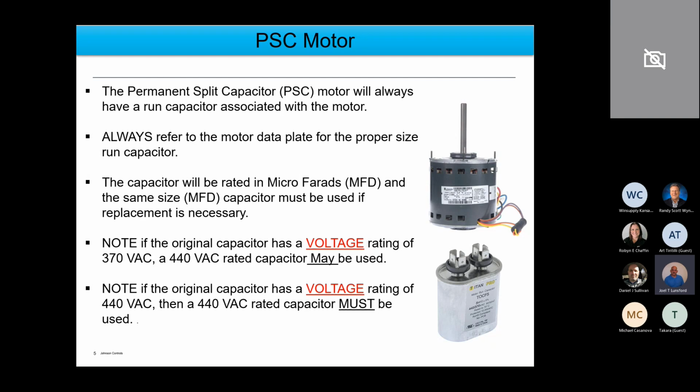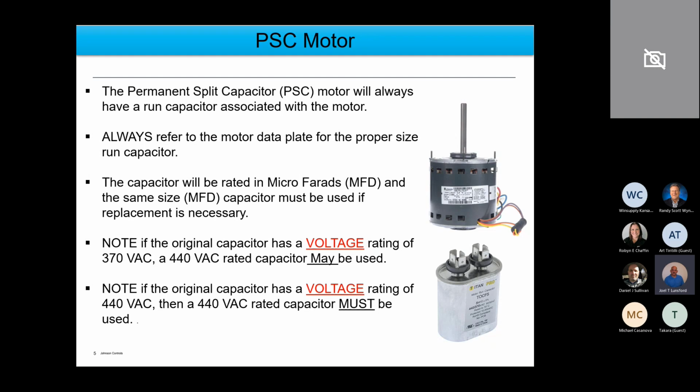Now let's look at the other example. If the original capacitor on the motor has a voltage rating of 440 volt, then you have to use a 440 volt to replace it. You do not want to back off down to a lower voltage rating.